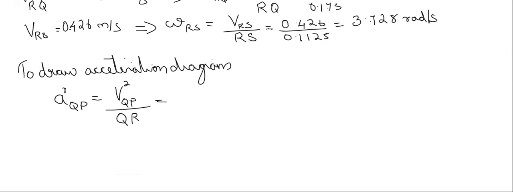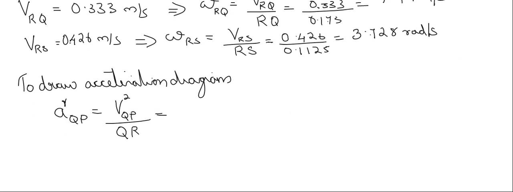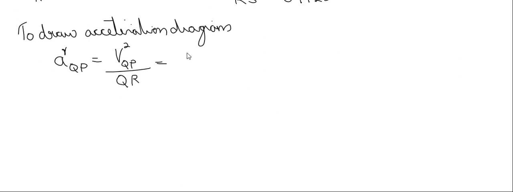So coming back to there. So radial component along QP, that is the crank, because we know QP is the crank, will be given by 0.625 square divided by 0.0625, that is the length of the link in meters.